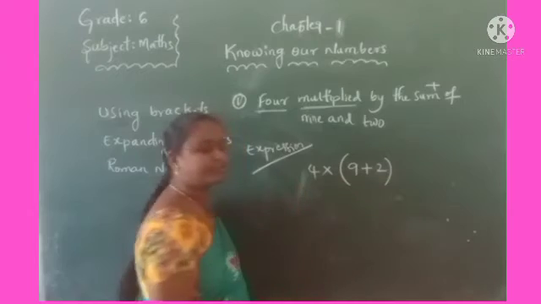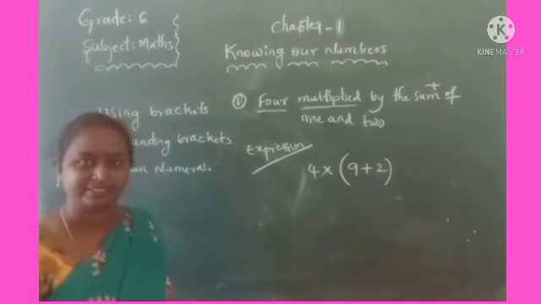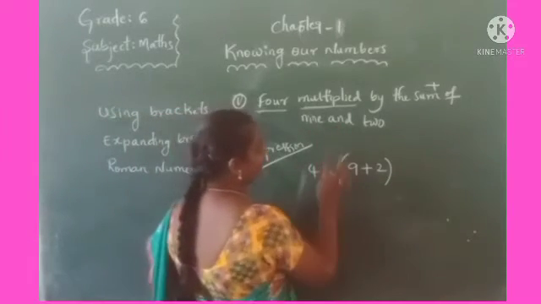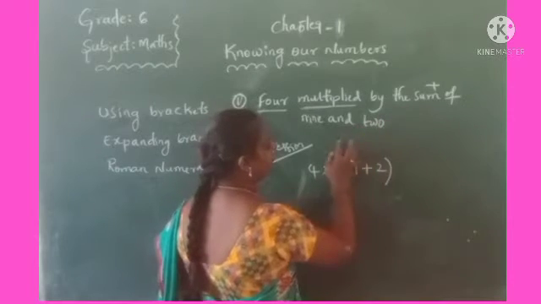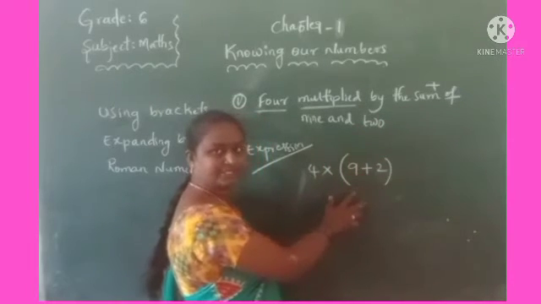If you keep that inside the bracket, it gives 4 multiplied by the sum of 9 and 2. Is it clear?